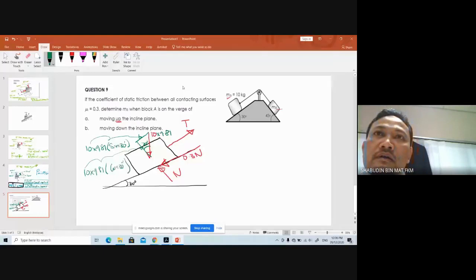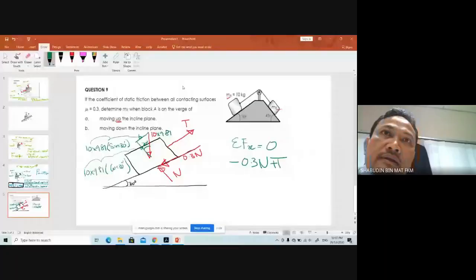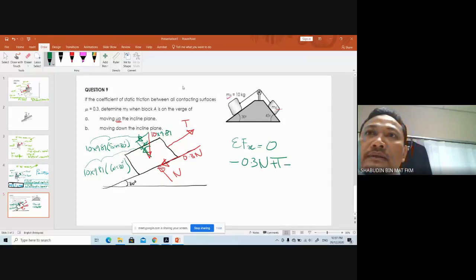Summation of forces in x equals 0. What do you have in x? Negative 0.3 N, plus T, and that direction should be going down, so minus 10 times 9.81 multiplied by sine 30 degrees equals 0.